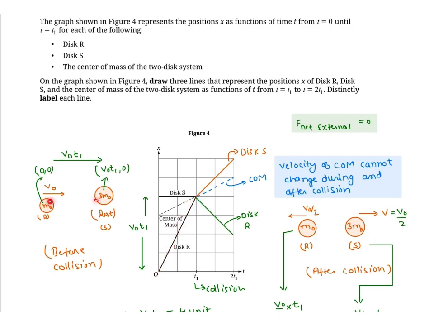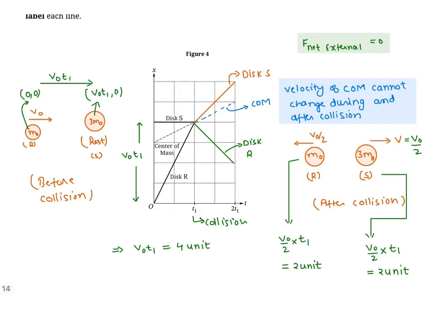So after the collision, when does collision take place? Collision takes place at time t1. So at time t1, collision takes place. And after this, disk S also starts moving, and hence we can say its x coordinate will change. So you have to mention that the net external force on m naught and 3m naught is 0.